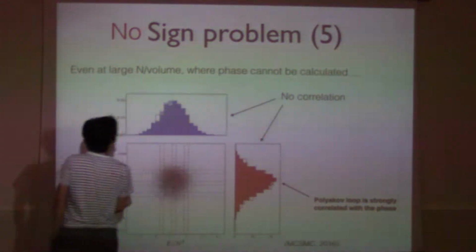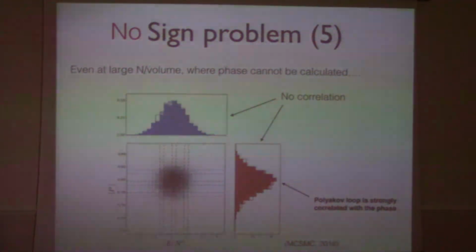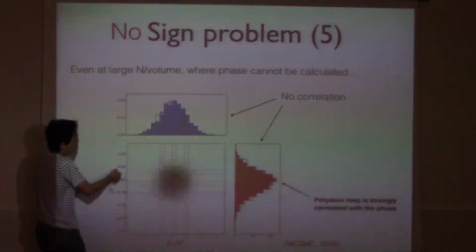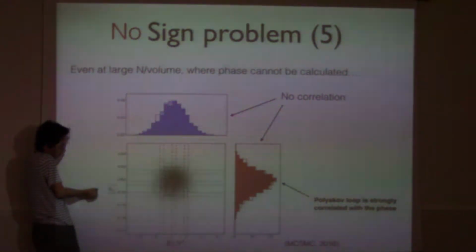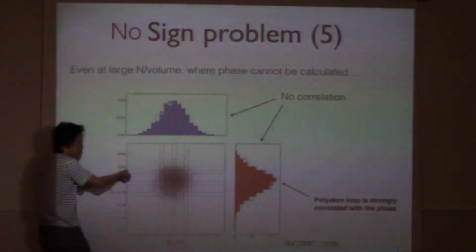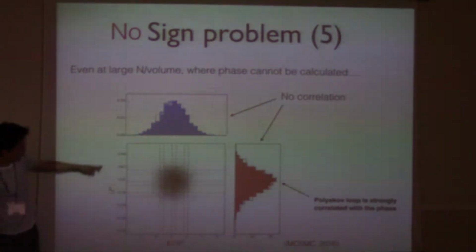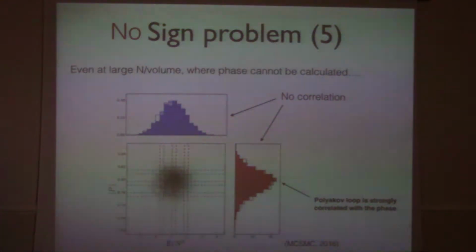By fixing the value of the Polyakov loop, which probably corresponds to fixing the value of the phase, we can make a distribution of energy. We select the configurations in this band, this band, this band, a fixed value of the Polyakov loop, and we make a plot of the energy, and the distribution is exactly the same. So the Polyakov loop and energy are not correlated at all. We don't know the reason, but this is a numerical observation.